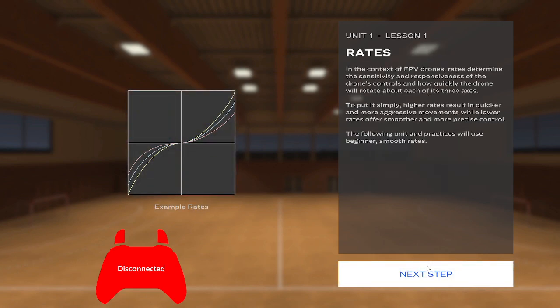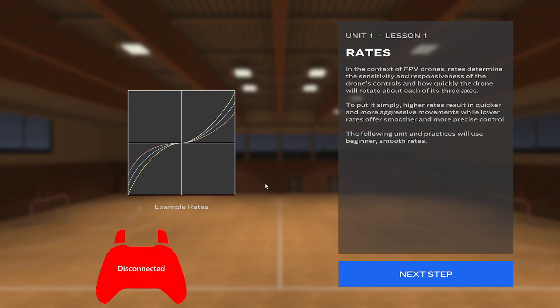Rates. In the context of FPV drones, rates determine sensitivity and responsiveness of the drone's controls and how quickly the drone will rotate about each of its three axes. Shouldn't it be axes, like A-X-E-S?